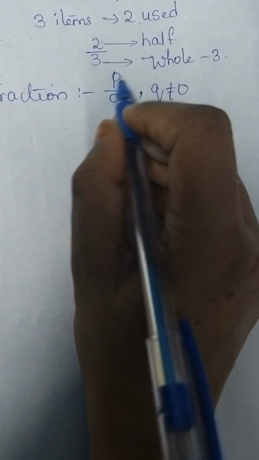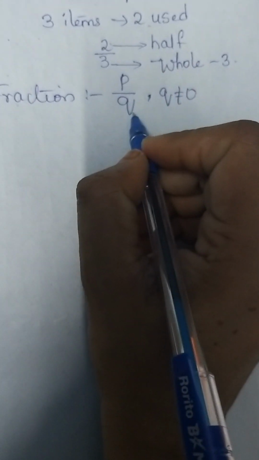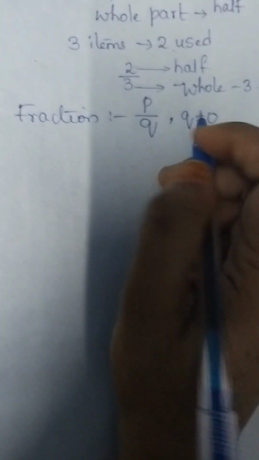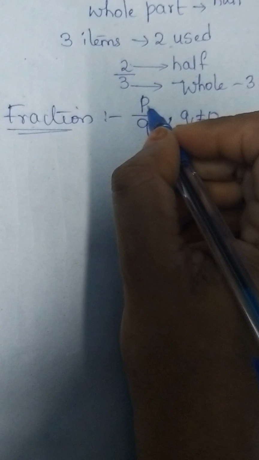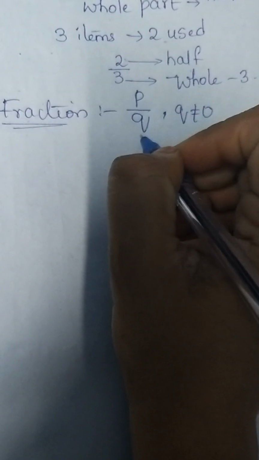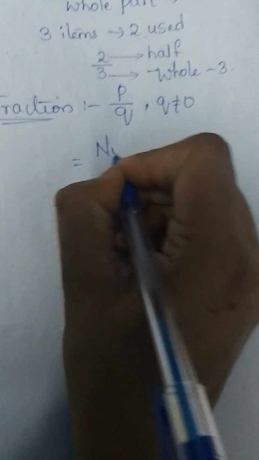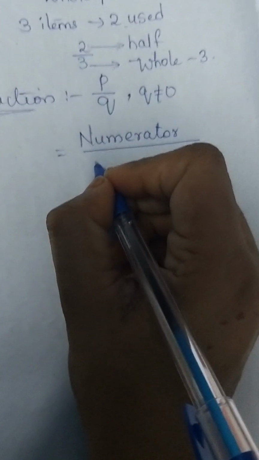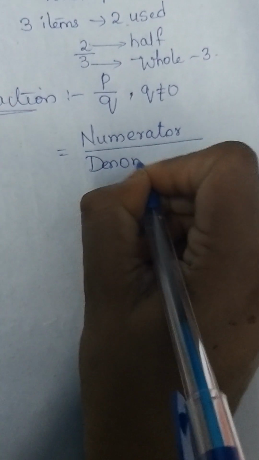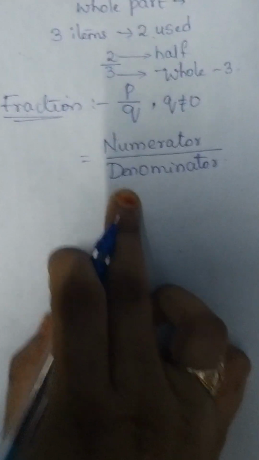If p is 0 it's okay, but q will not be 0. P is the numerator and q is the denominator. This is a fraction, children. P by q form is called a fraction.